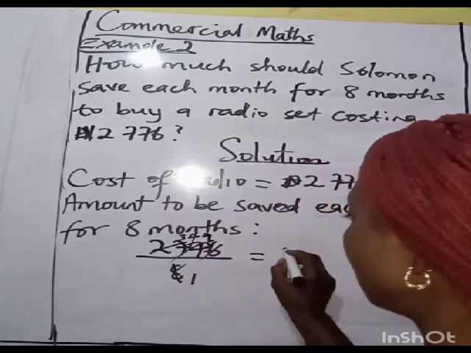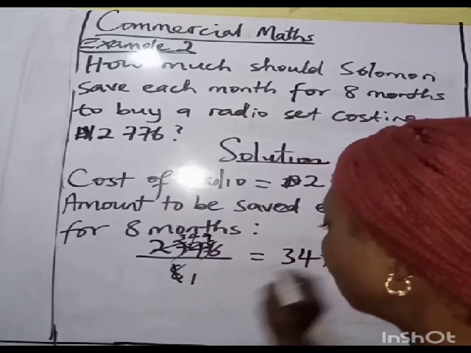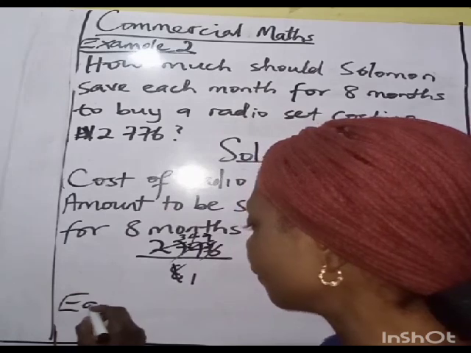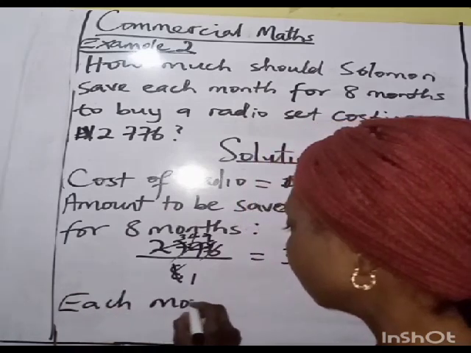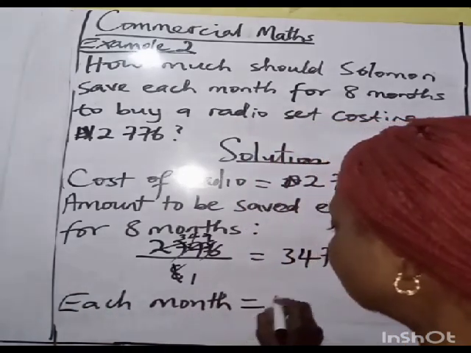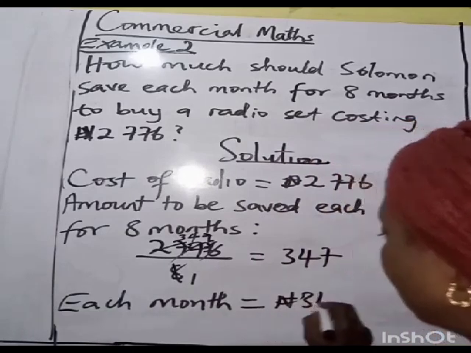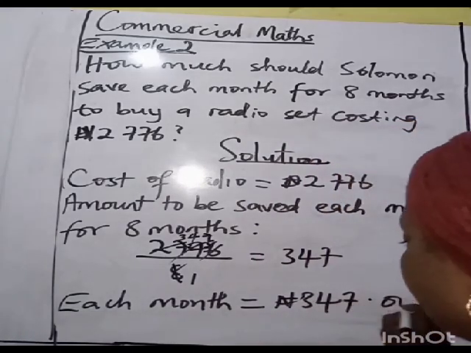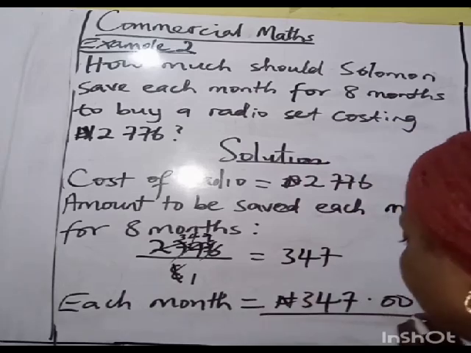So you now have 347. What it means is that each month Solomon has to save 347 naira in order to buy the radio set.